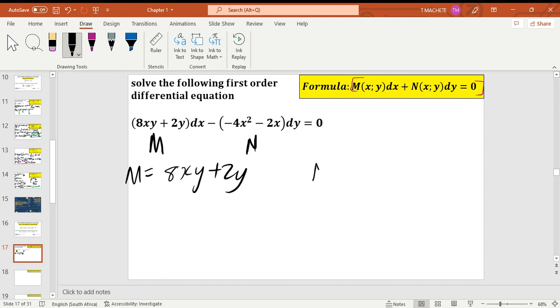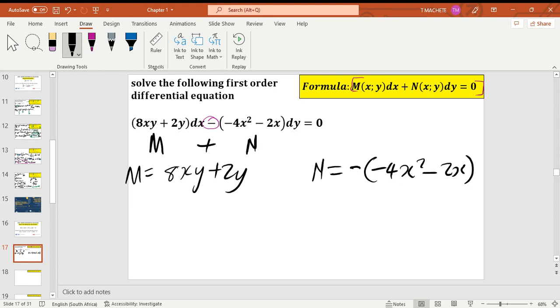Then your N, remember, the original form is M plus N equals 0. Look at this, it's a negative there and it must be positive. So you're gonna say negative into negative 4x squared minus 2x.